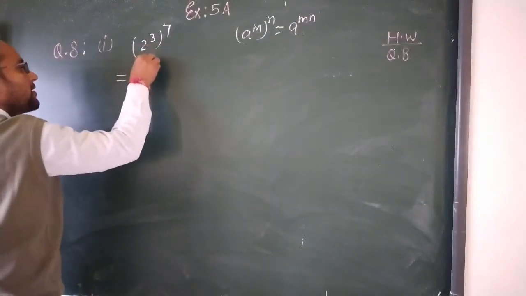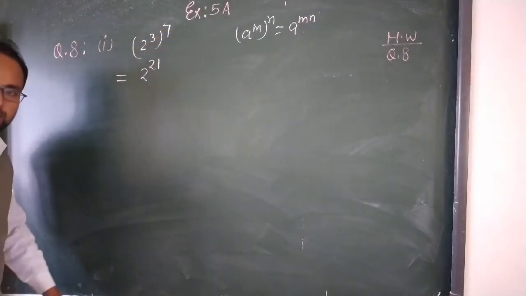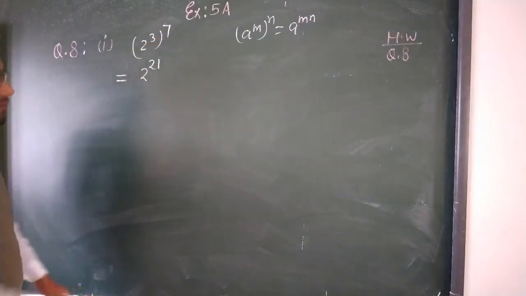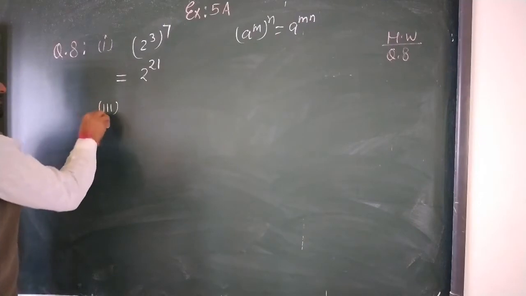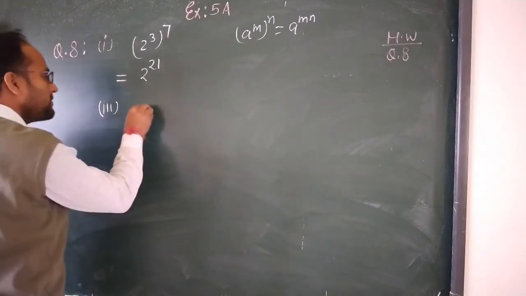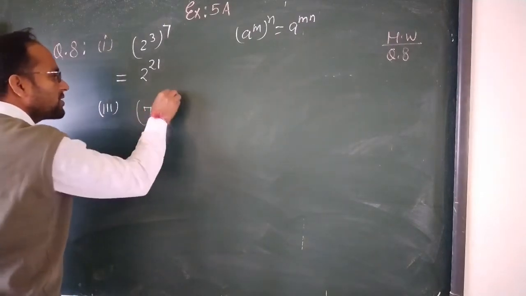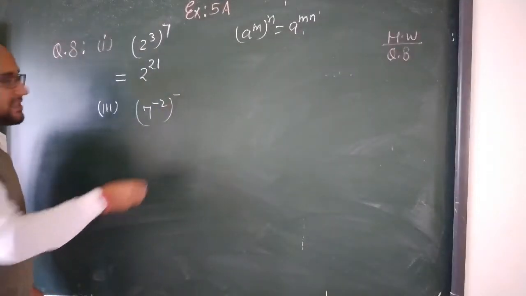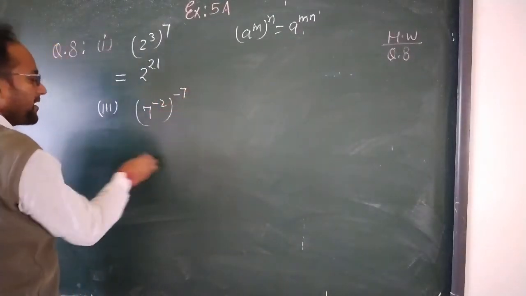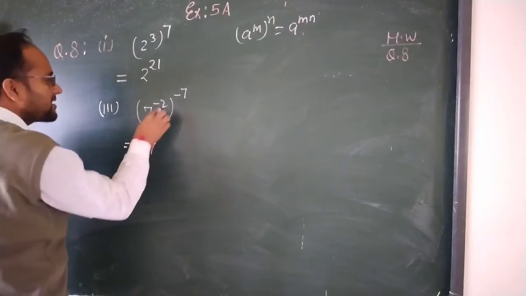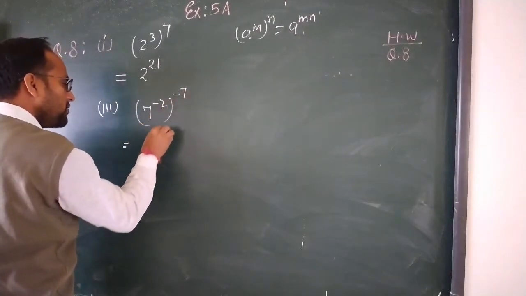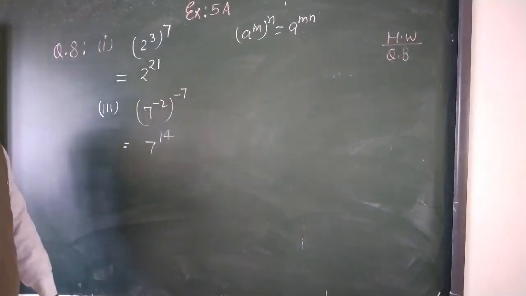So 2 to the power 21, 3 times 7 is 21. Same as it is, you will see the third question of this 8: 7 to the power minus 2 to the power minus 7. You know that minus multiplied by minus gives plus, and 2 multiplied by 7 gives 14, students.